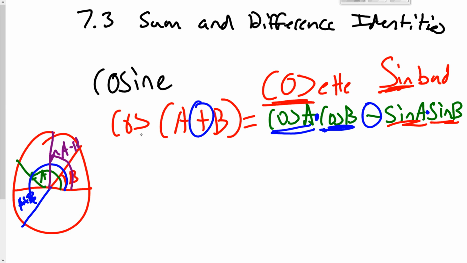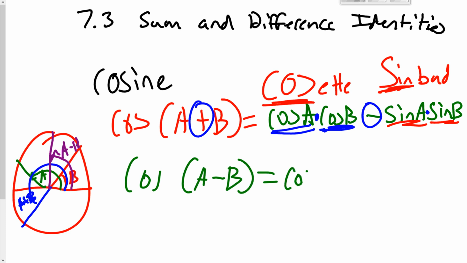So cosine is cosine of the first angle times cosine of the second angle, and then you always change the sign. And then you take sine of the first angle times sine of the second angle. And then for the difference, cosine of A minus B is cosine of the first times cosine of the second, and I switch the sign.